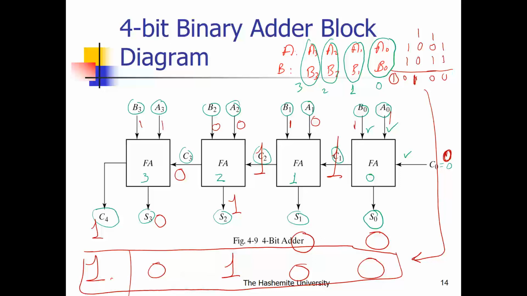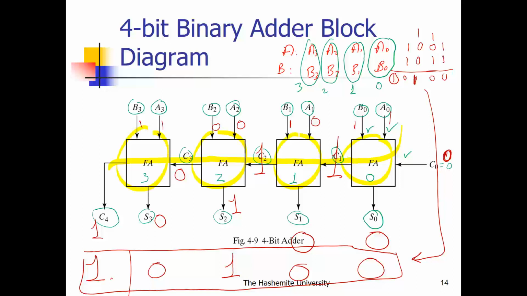First of all, we produce this adder result, then this adder result, then this adder result, then this adder result. So you can see that the propagation delay of the circuit is equal to the number of bit positions, which in this case is 4, times the delay of every individual full adder.